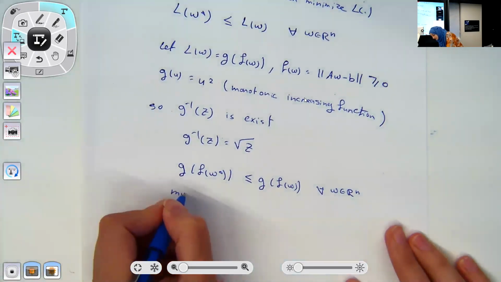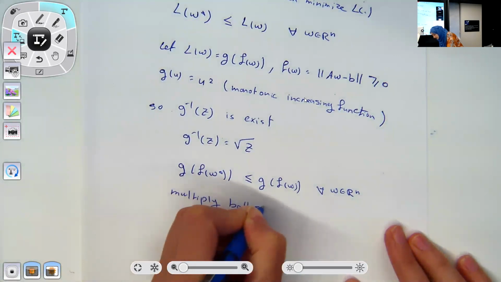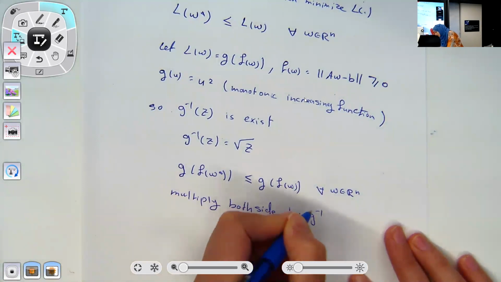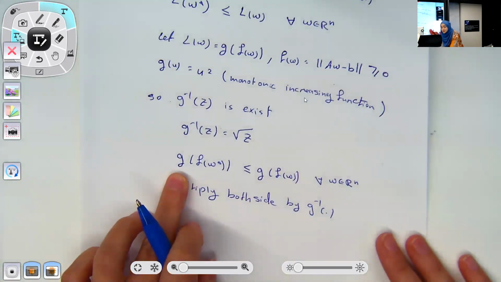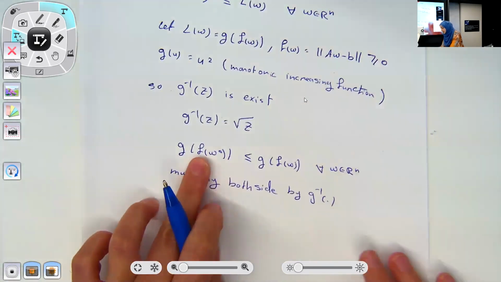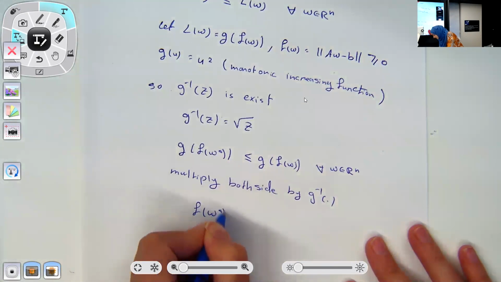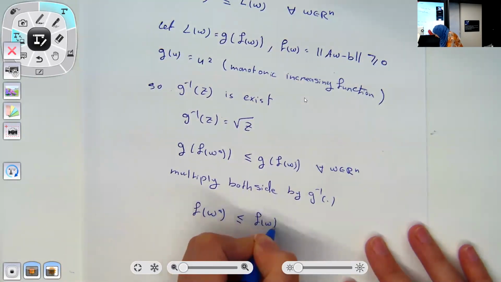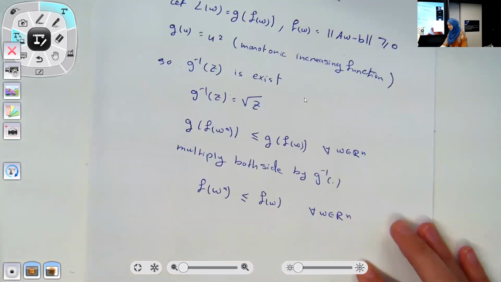Multiply both sides by G inverse, okay, for the function. So if you multiply this by G inverse, this will give you f of omega star less than or equal to f of omega for all omega belonging to Rn.